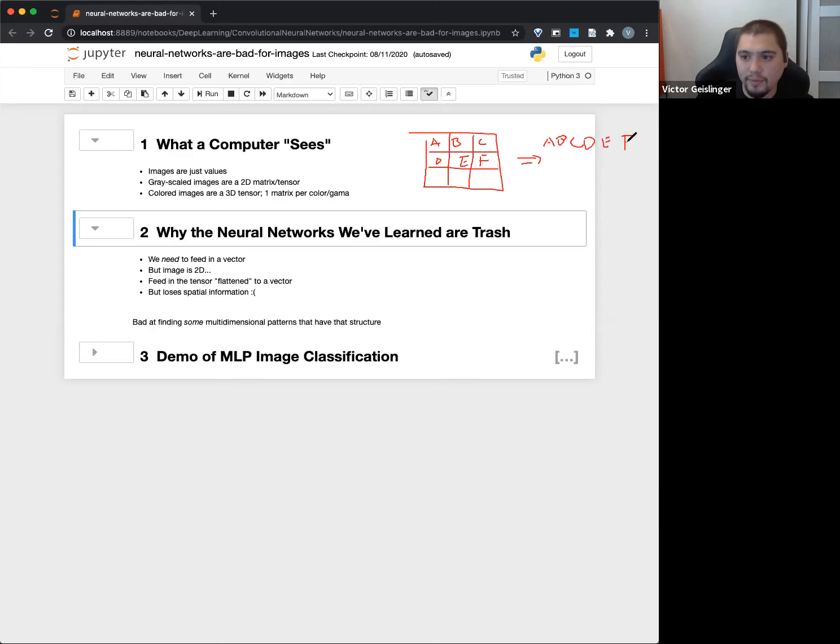There's an issue with this, which is that we're losing spatial information. It's a subtle point, but it's important. When we look at pictures, say there's a picture with an eye in it, the pixels for the eye are more closely related to each other than they are to other pixels in the picture. Does that make sense?